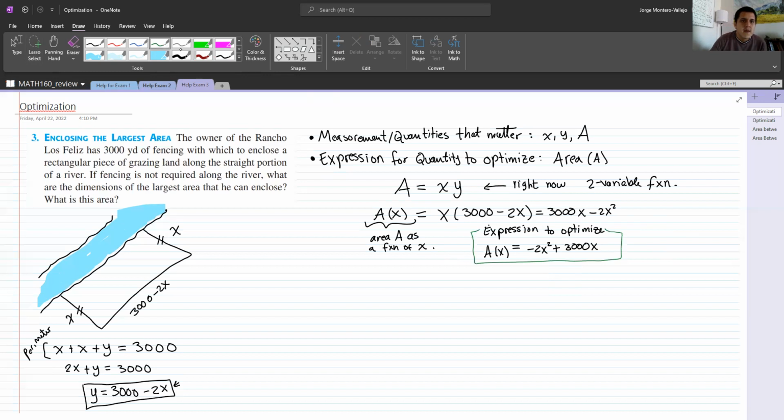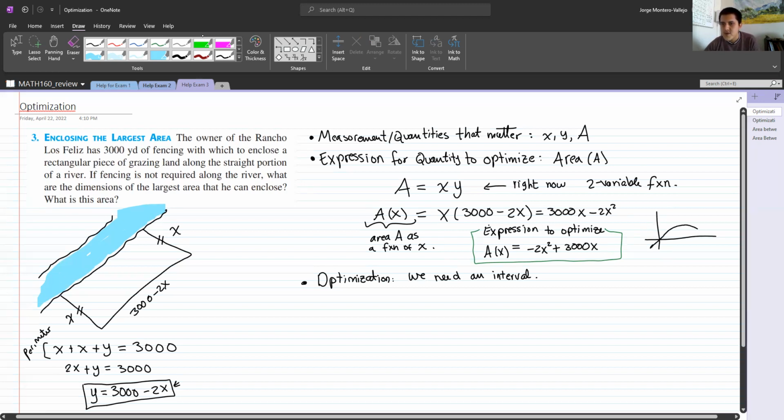Now let's recall that for optimization, it's not only a function that we need, we also need an interval of optimization. So from the graph that we drew before, we know that the function looks like this.